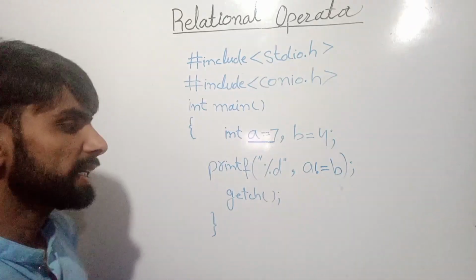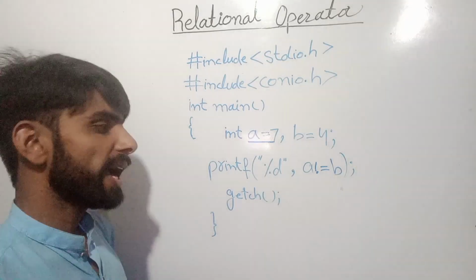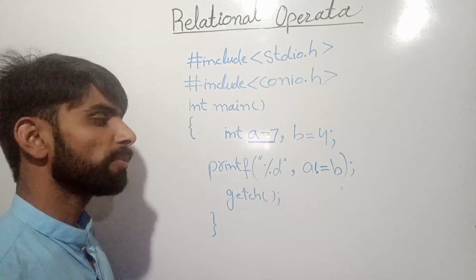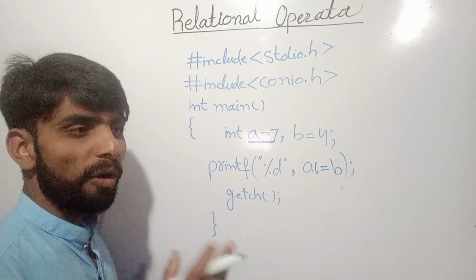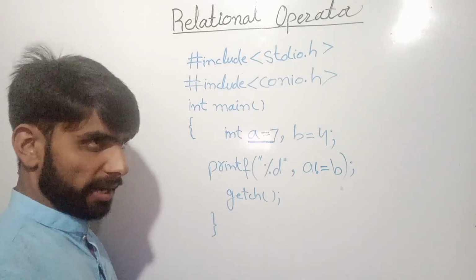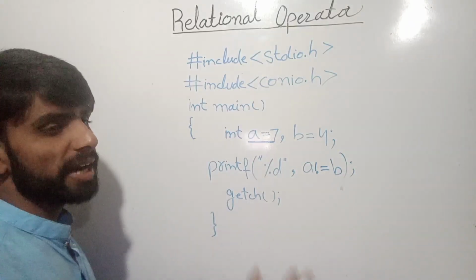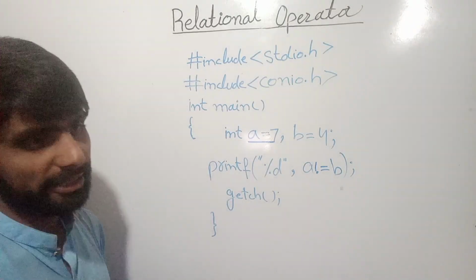So in this case we have to understand the associativity and precedence of the operators, whether the arithmetic, relational or logical operator is performed first. Let's understand with an example to make it clear, right?